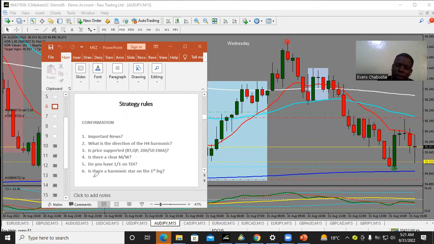So the next thing you're going to ask yourself is, is there a harmonic star on the first leg? If you look at the first leg, you can clearly see that there is a harmonic star there. So this setup, the entire setup, is confirmed.